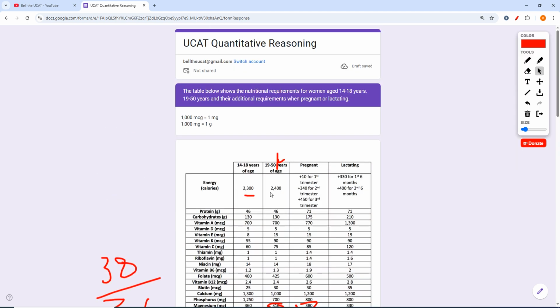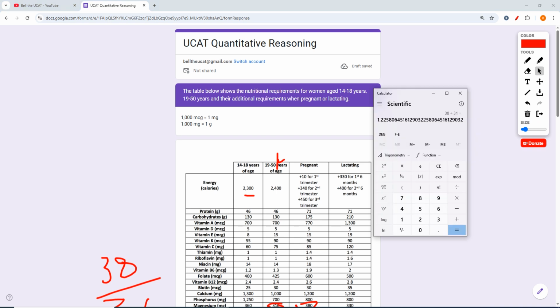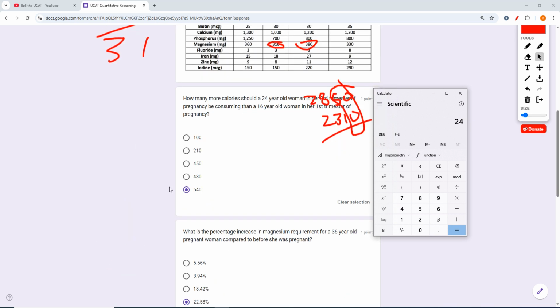Calories: 2,400. The answer has to be divisible by 6. And for 2,800, so 24 is to 28, which is 6 is to 7.